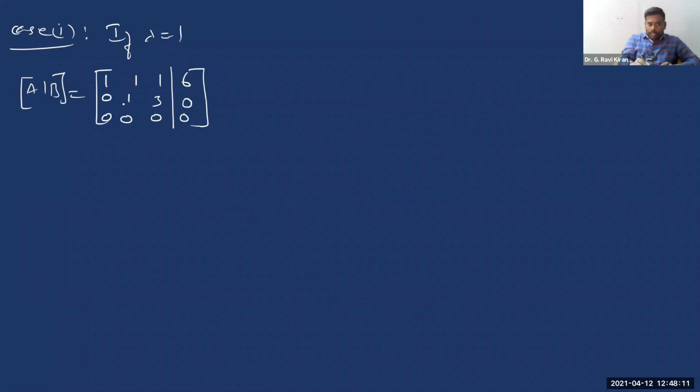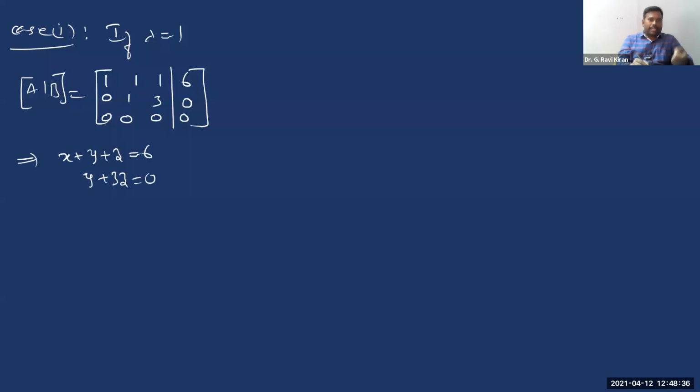Now see, from this augmented matrix, let's write back the equations. So we have first equation x plus y plus z is equal to 6, and the second equation y plus 3z is equal to 0. As we discussed in one of the problems earlier, here we got only 2 equations, but there are 3 unknowns.